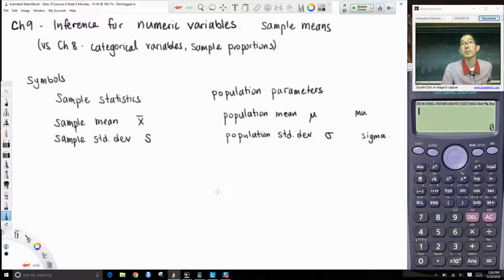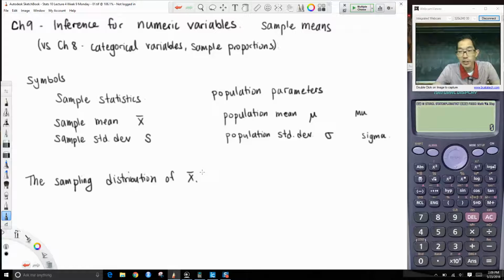And so we can talk about the sampling distribution of X bar, okay? In Chapter 8, we talked about the sampling distribution of P hat, which was the sample proportion. In Chapter 9, we are dealing with the sampling distribution of X bar, our sample mean.